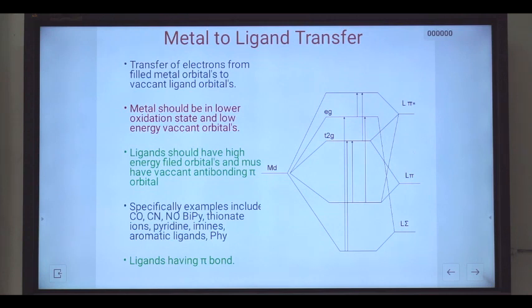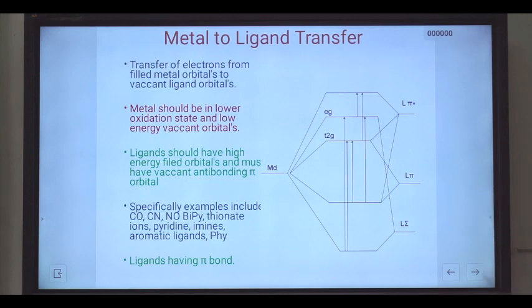But for the metal to ligand transfer, the ligands involved include pi acceptors or aromatic ligands, amines, pyridines, thiolates. So first of all, in solving a question, see what ligand is joined across the metal ion. If it is a pi donor, it undergoes the LMCT transition. If it is a pi acceptor, it will undergo the metal to ligand charge transfer.